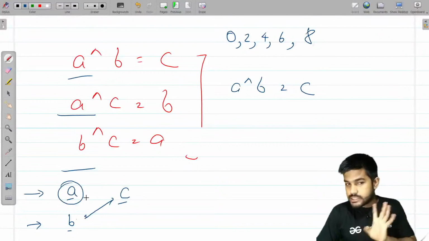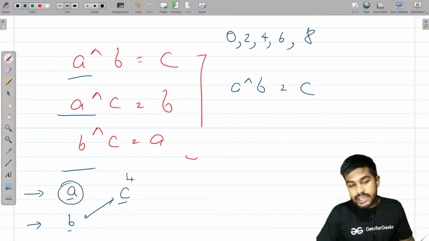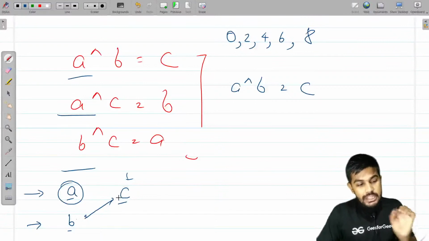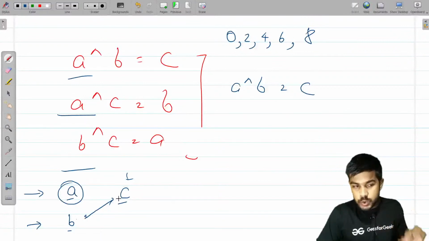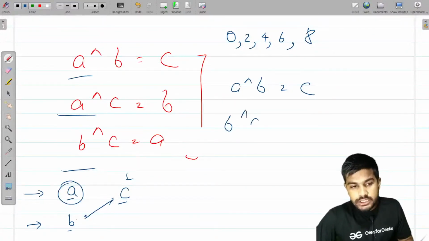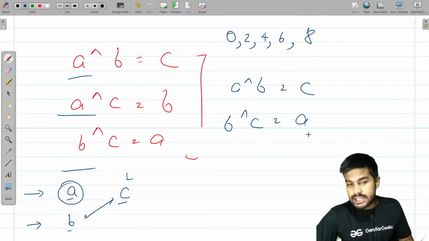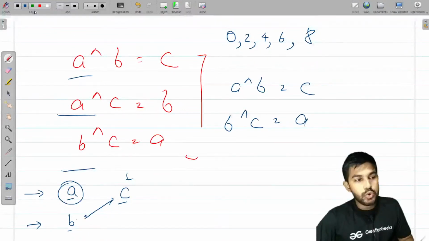A XOR B is equal to C. Suppose C exists in the array, then B XOR C is equal to A, which would also exist in the array. That would be the condition.